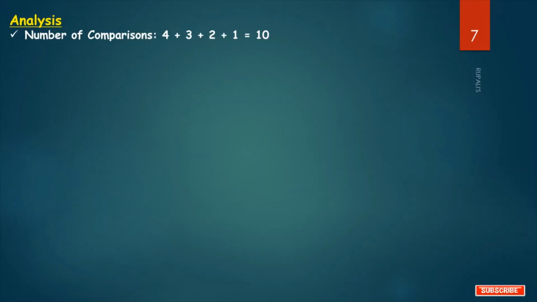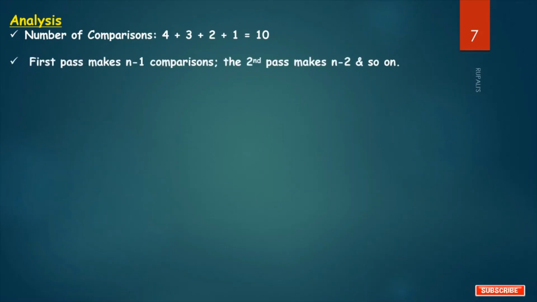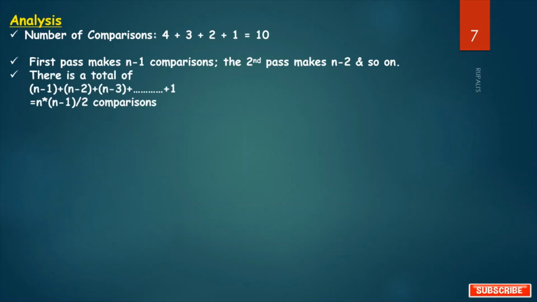So if there are n elements, the first pass makes n minus 1 comparisons, the second pass makes n minus 2 comparisons, and so on. So the total number of comparisons is n minus 1, n minus 2, n minus 3, and so on. In this way, the total is n into n minus 1 by 2 comparisons, that is, order of n square.